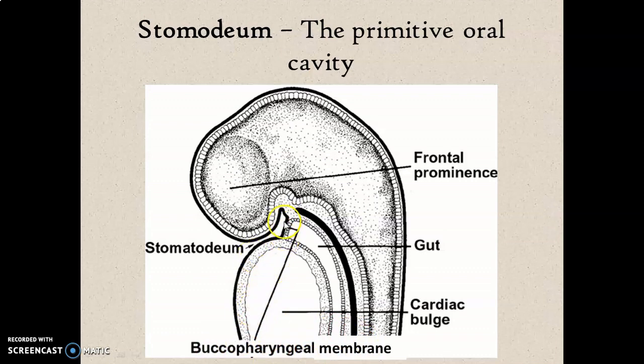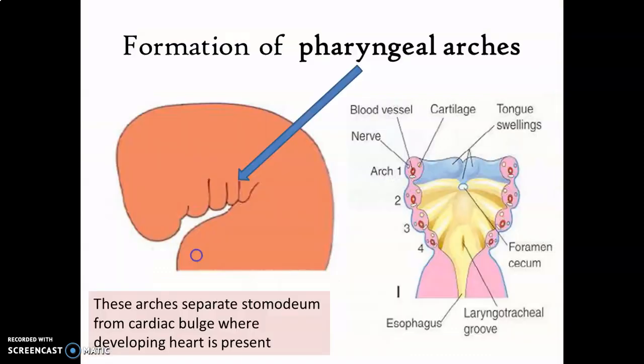And on the lateral side of the stomodium, there is formation of certain bulges or thickening of mesoderm known as pharyngeal arches. So these pharyngeal arches develop as mesodermal thickening in the lateral pharyngeal wall, as you can see here.